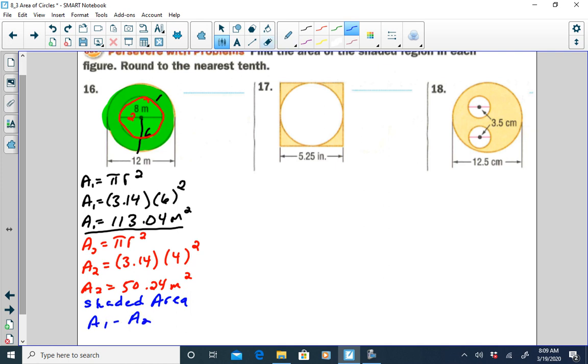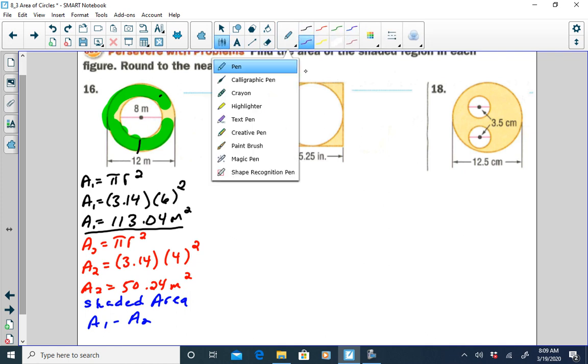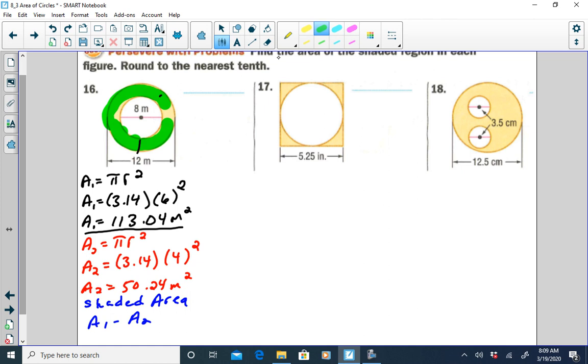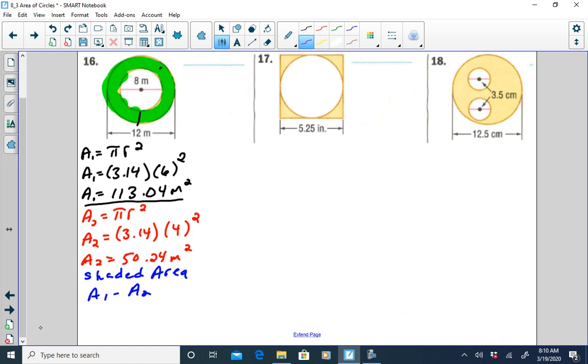Because watch what I'm going to do here. I'm going to take area 2 away right now. When I take area 2 away, what's going to be left is area 1. So area 1 is our shaded area.